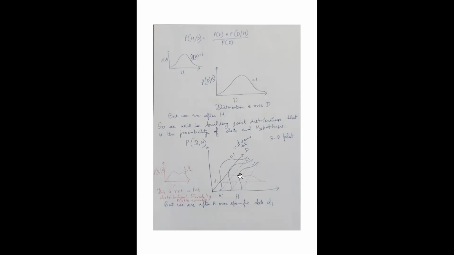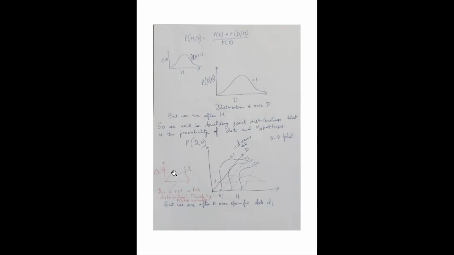For another hypothesis, this is the distribution. Now, for one particular data, if you look at this dotted red line, I have fixed the data, and I am trying to find out the joint probability of D and H, and how it varies with different hypotheses.